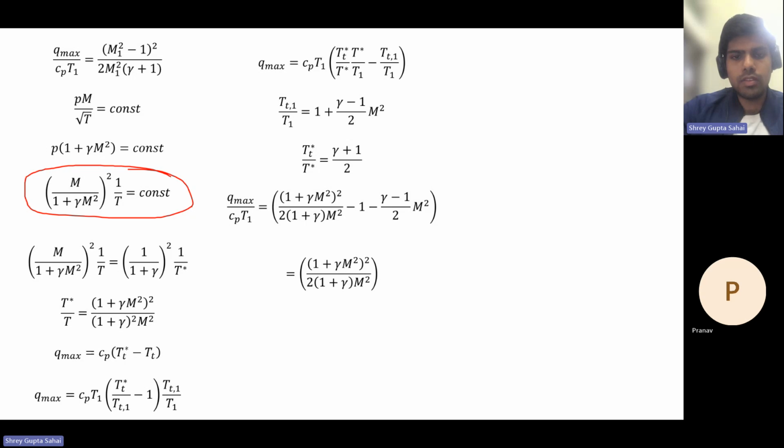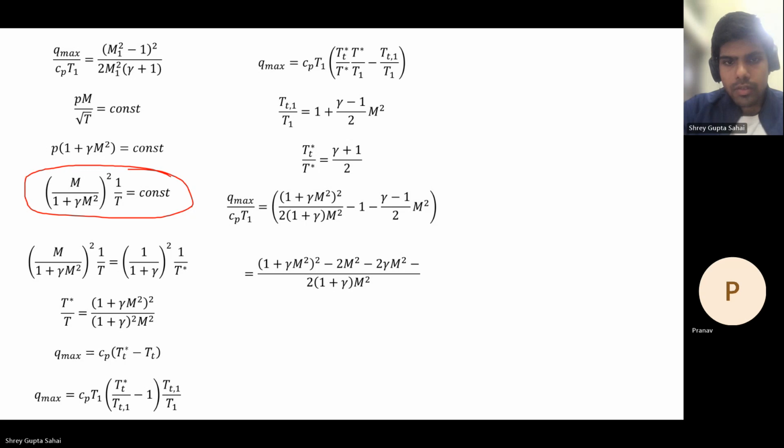So you have terms from here. So minus 2 Mach square, minus 2 gamma Mach square.